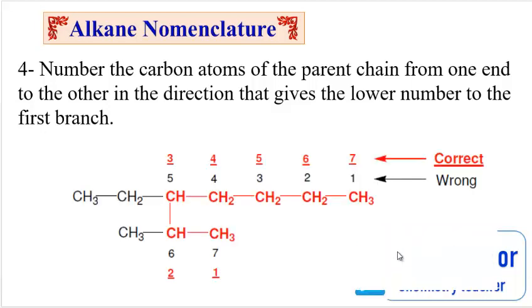In this example, the parent chain is colored red. It has two terminals, this is the first terminal and this is the second terminal. The first branch is nearest to this terminal, so we must start numbering from this terminal. So the correct numbering is 1, 2, 3, 4, 5, 6, not from the other terminal.